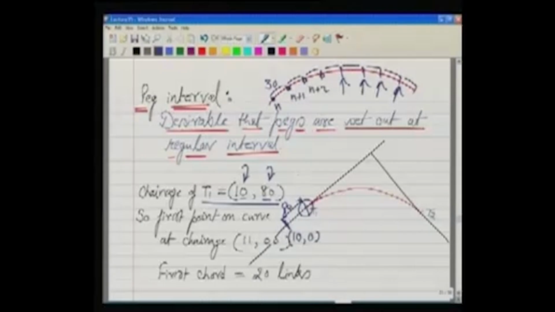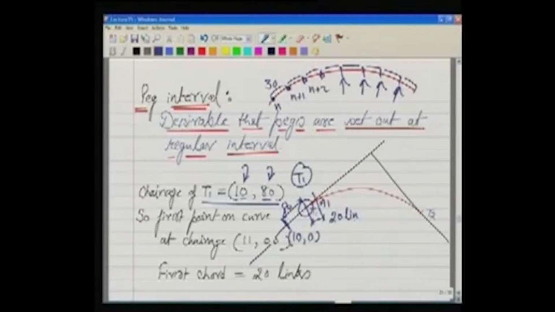So this T1, I don't want this T1 to be my peg interval. Rather, I would like to have my first peg at a point here, which I call A1, so that the distance between T1 and A1 is equal to 20 links.